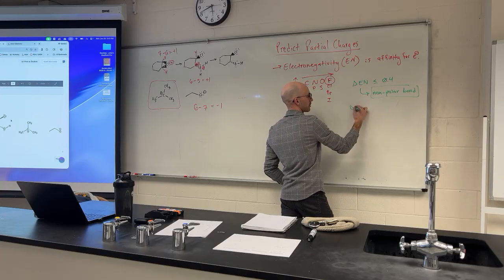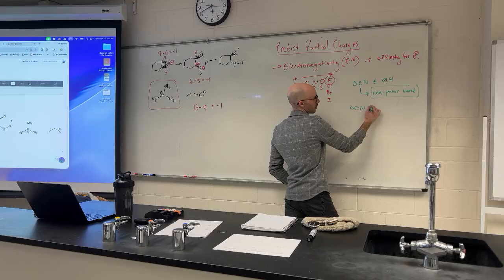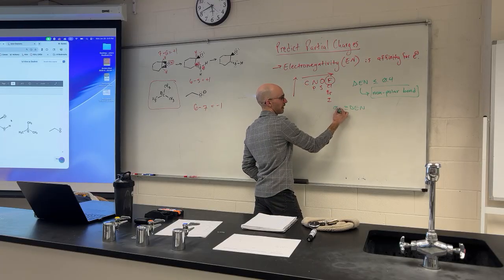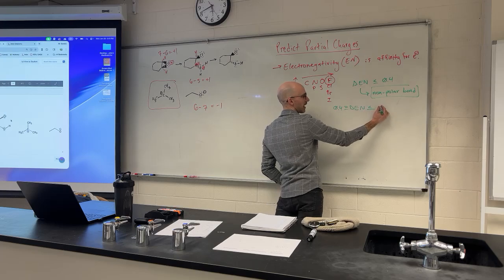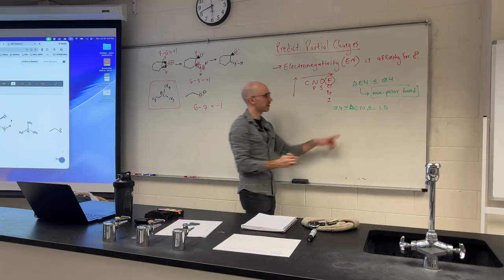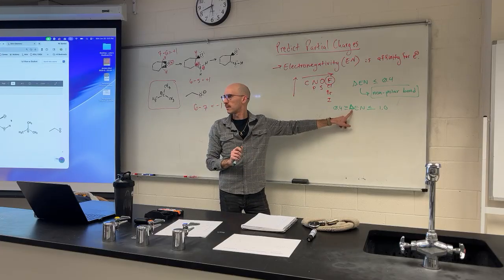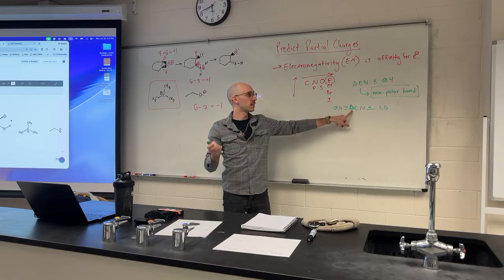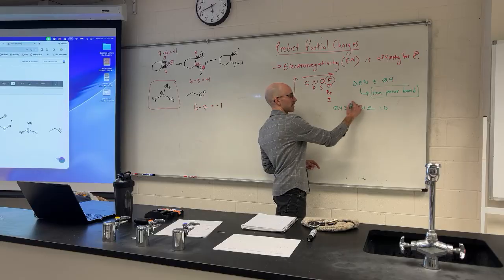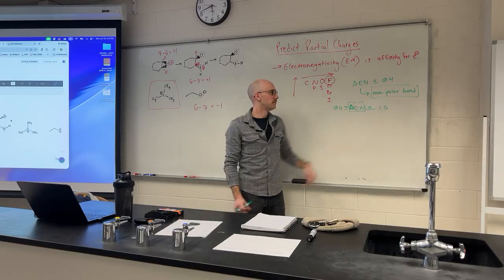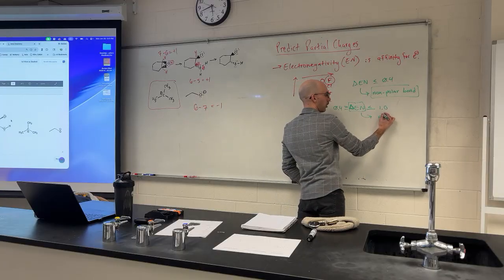If it's greater than 0.4 but less than 1.0, you guys remember what this triangle means? Change. Yeah, this is delta. So we're talking about the difference in electronegativity. If the difference lies within this range, 0.4 to 1.0, we call it a polar bond.